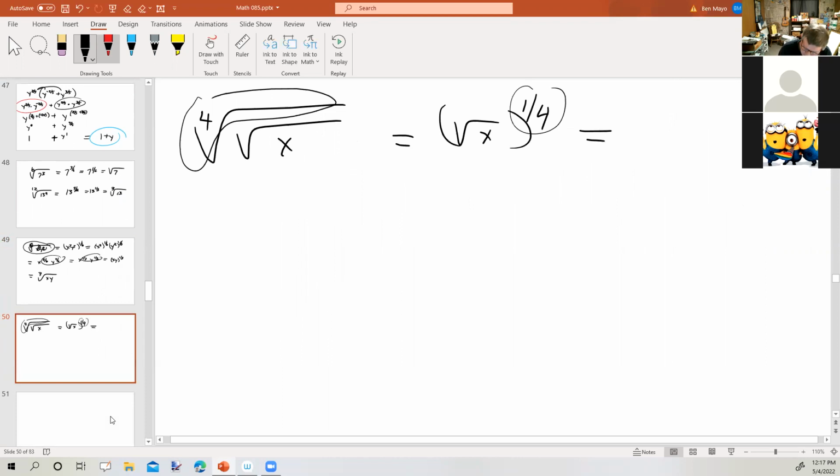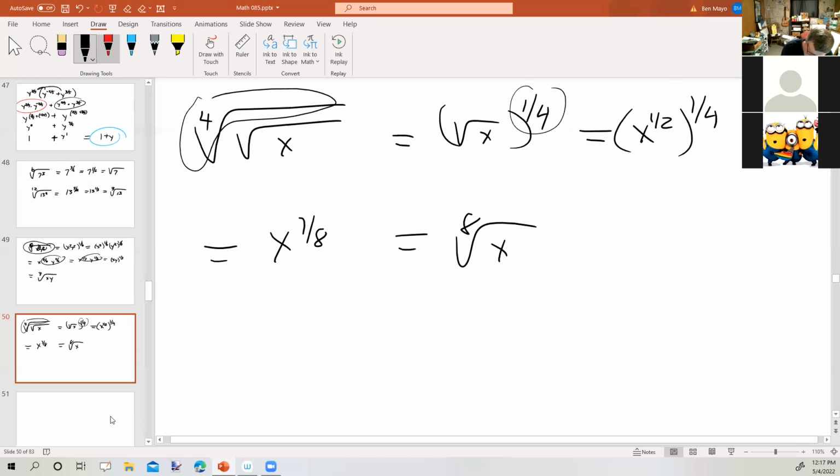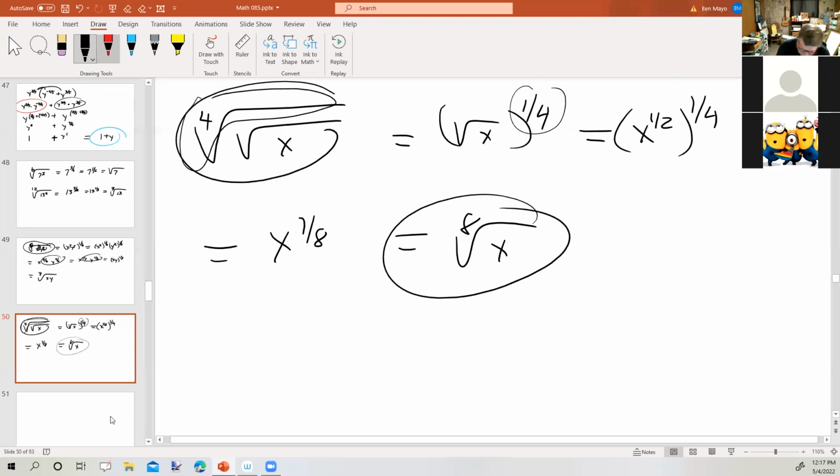But the square root of x would be x to the 1/2 power. So x to the 1/2 power to the 1/4 power. But that would be, oh, a power raised to a power, multiply the exponents. 1/2 times 1/4 is 1/8. And that would be the 8th root of x. So we get from here to here.